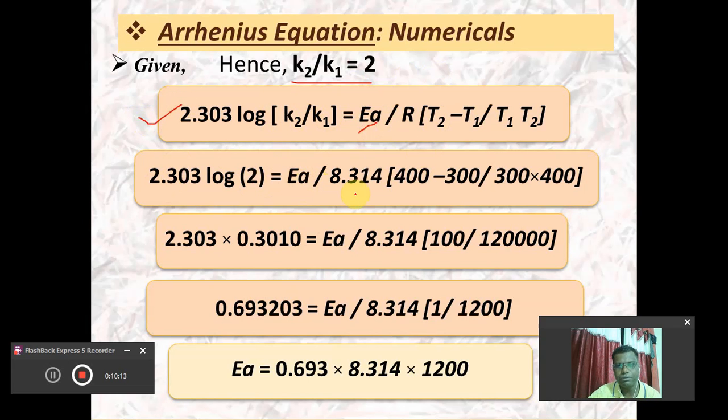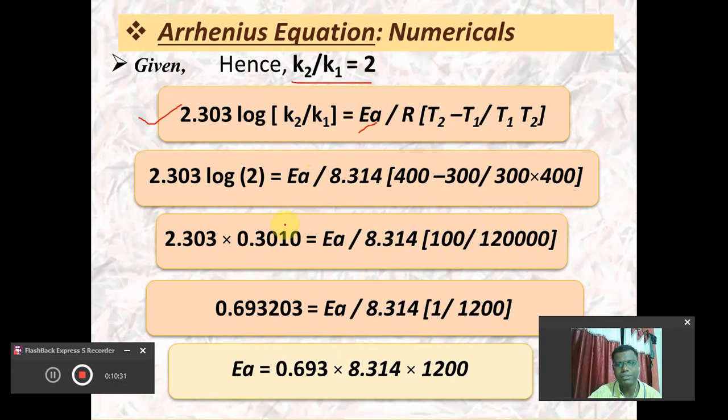Energy of activation is to be calculated, R is 8.314, T2 minus T1, where T2 is the higher temperature 400 Kelvin and T1 is the lower temperature 300 Kelvin, divided by T1 into T2, that is 300 into 400.